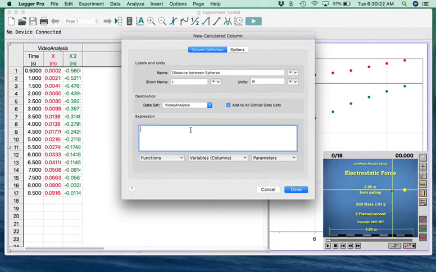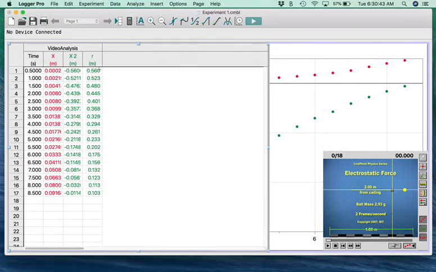Then down here in the expression, in order to figure out the distance between the spheres, I want to take the position of the right-hand sphere, so that is X, and subtract the position of the sphere connected to the prod, that was X2. When I hit done, LoggerPro calculates all of those positions for me automatically.